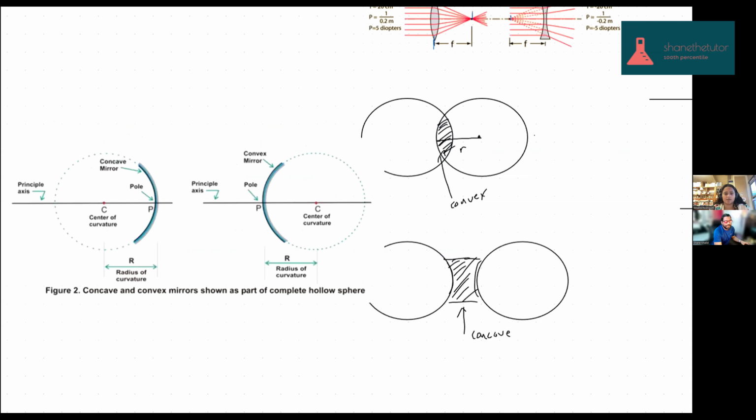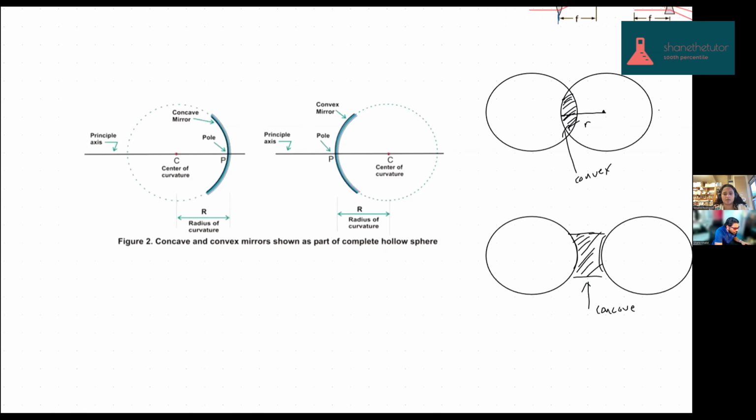So the radius of curvature is going to be equal to 2f.